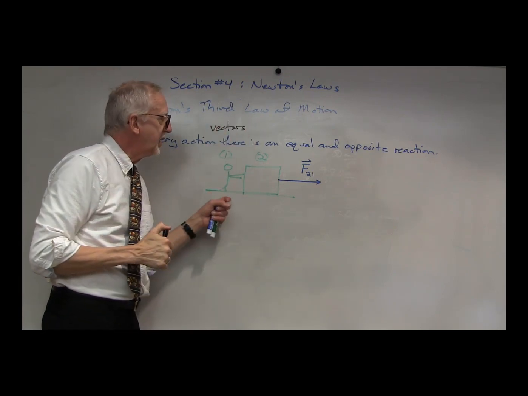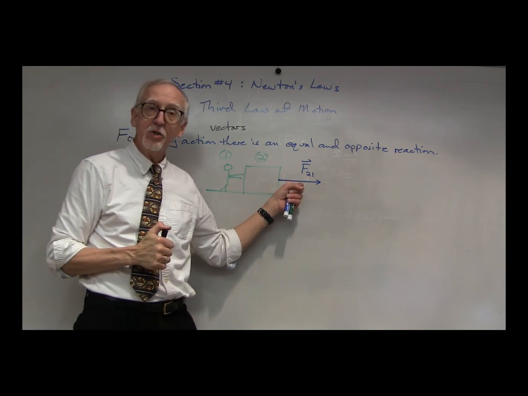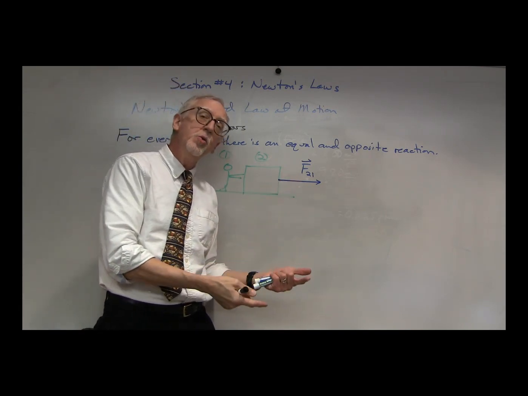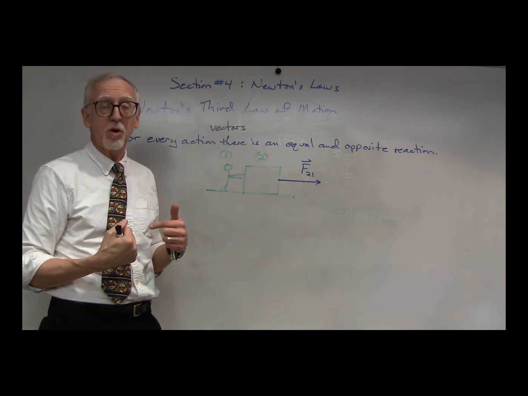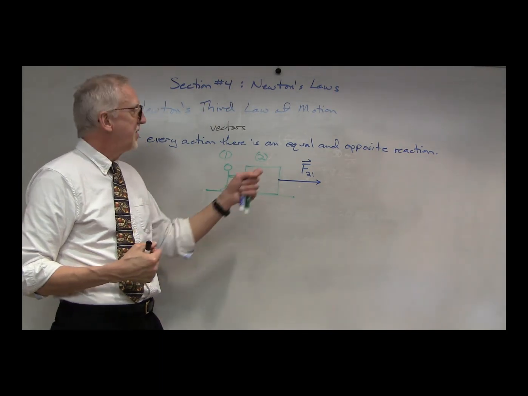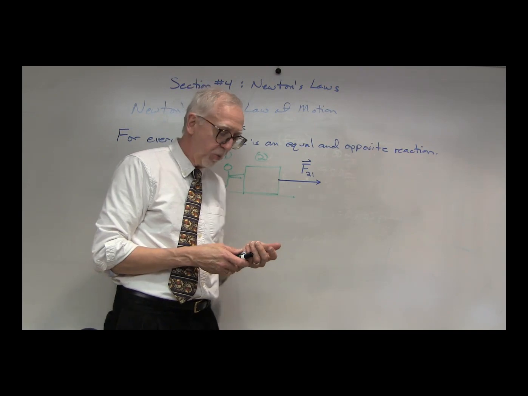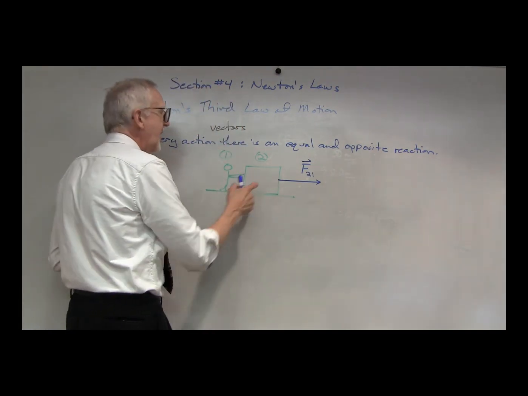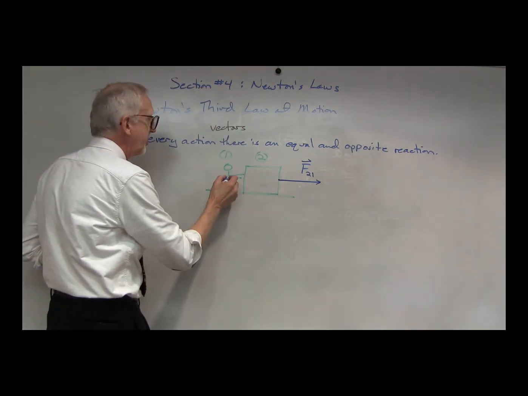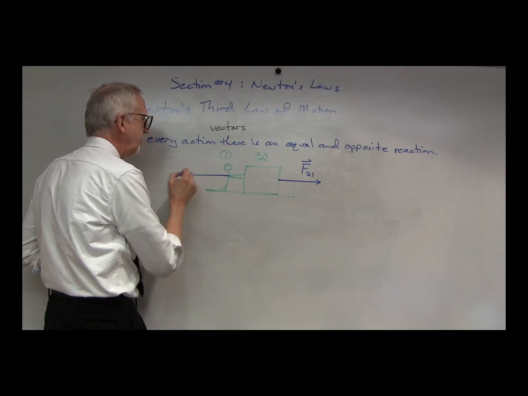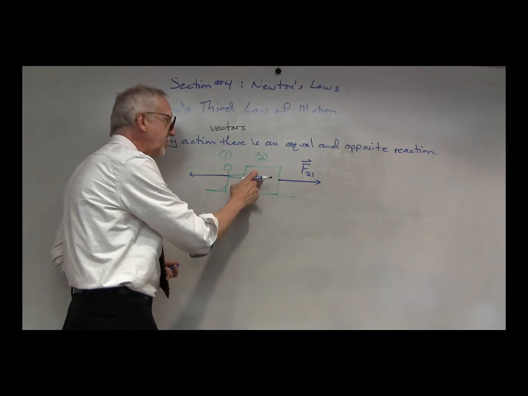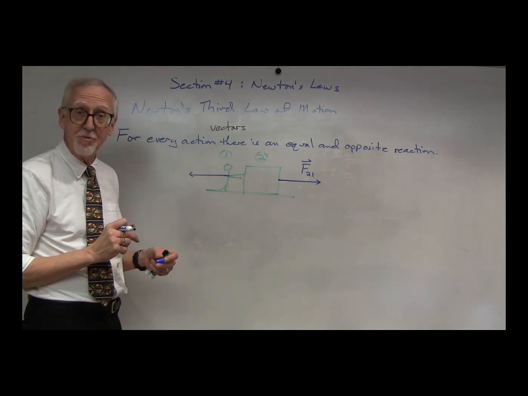So if object 1 exerts a vector force on object 2, then object 2 exerts a vector force on object 1 that must be equal in magnitude but opposite in direction. So what this is telling us is that object 2 must exert a force on object 1.